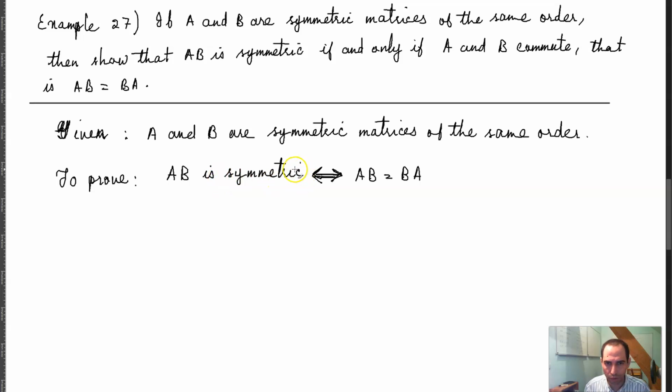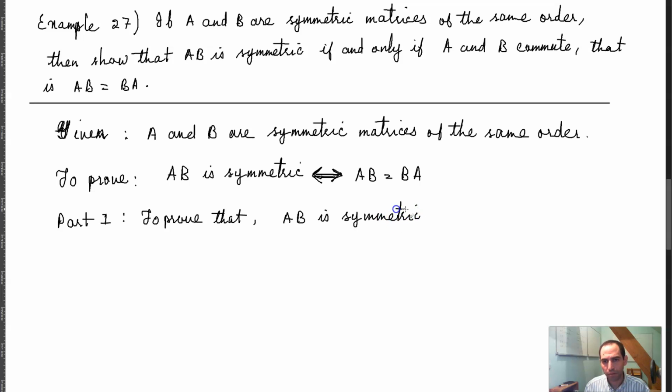Now, these biconditionals, you need to prove them individually. So part 1 of the proof would be to prove that AB is symmetric implies that AB is equal to BA.